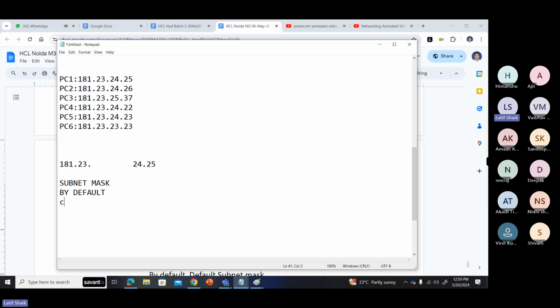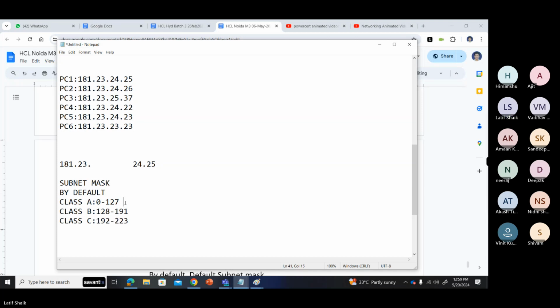By default, class A, again we write class A, it's 0 to 127, class B, class C, only three. Why? Because of unique addresses which we are able to assign to our devices. So 128 to 191, 192 to 223.